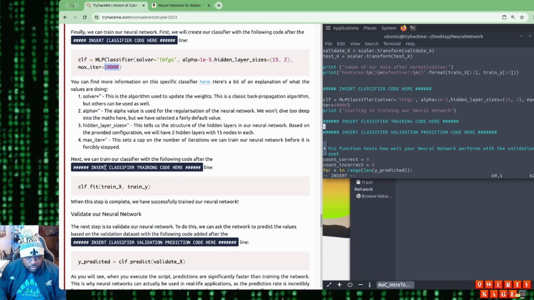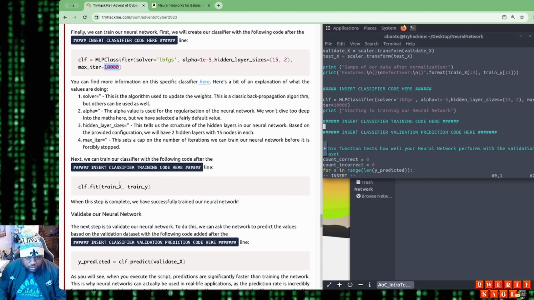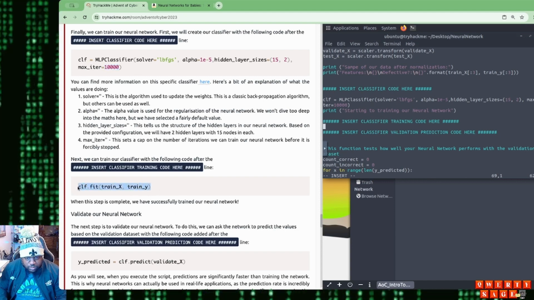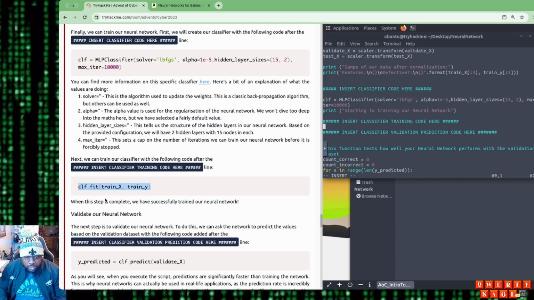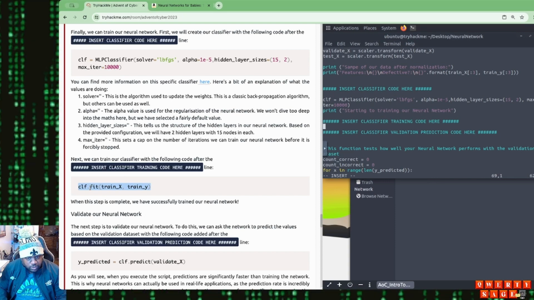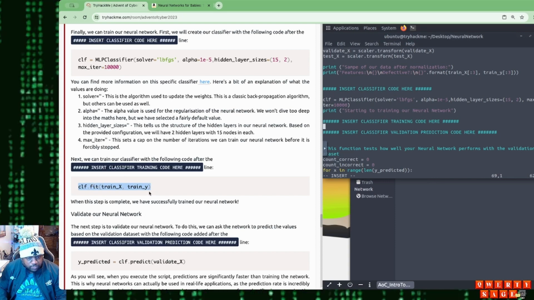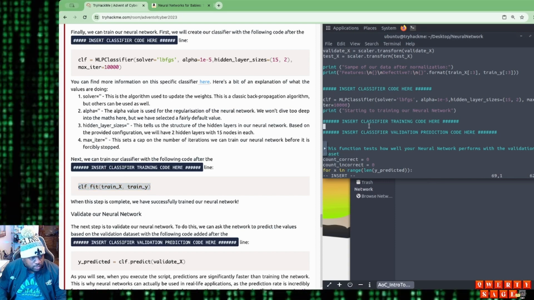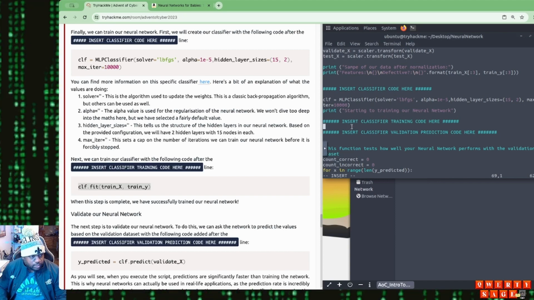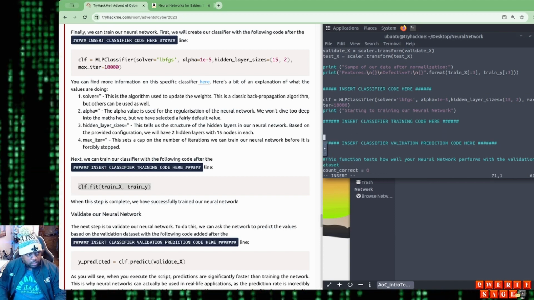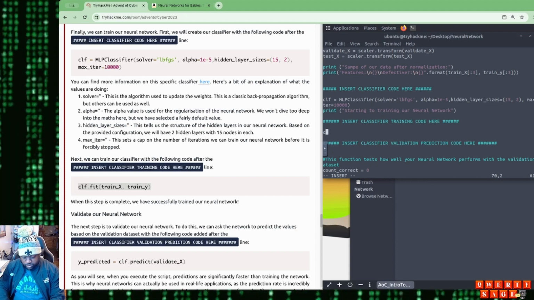All right. So, ironically, the function for training is the fit method. That's interesting. I could probably type that out faster than I can.